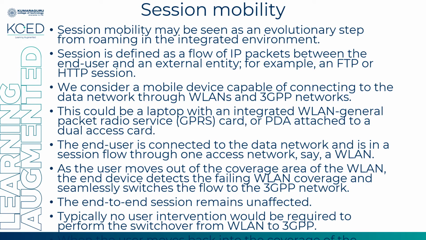But when you move from wireless LAN to a cellular network, even then the seamless session mobility must be unaffected and must continue without any user intervention. So how can you do it? It must be integrated in the system itself.